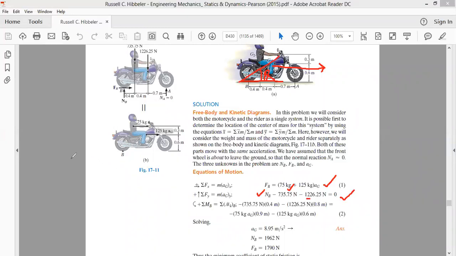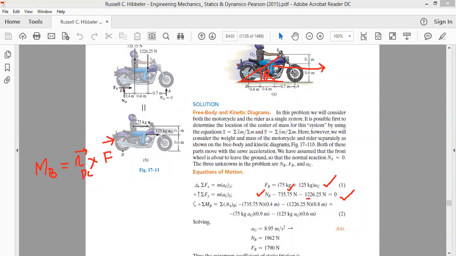Now, let's use the equation: summation of all the moments about point B is equal to R, drawn from point P to the center of gravity, cross with the force acting at that very point.